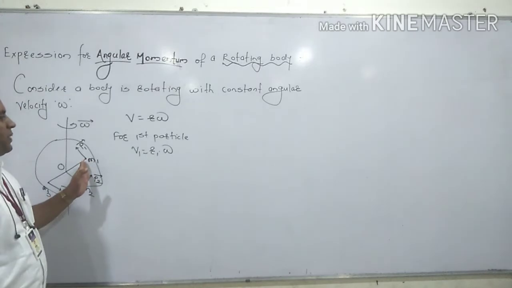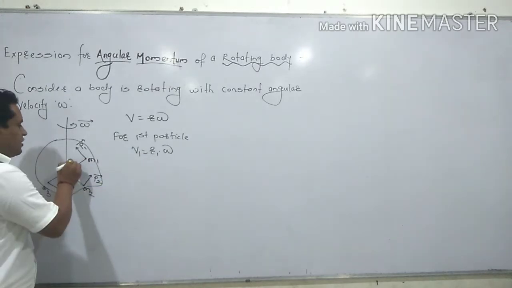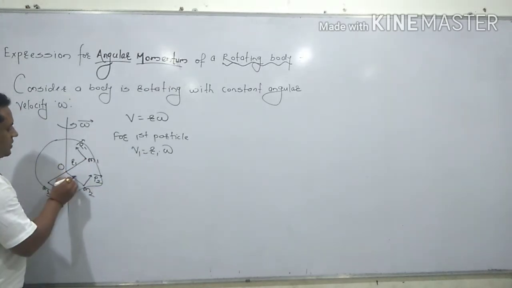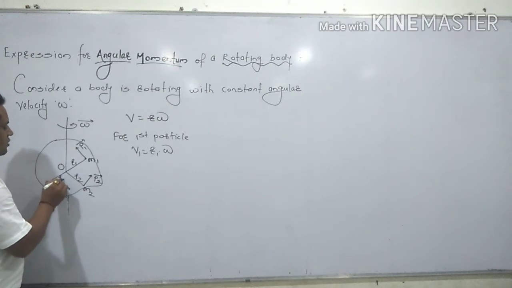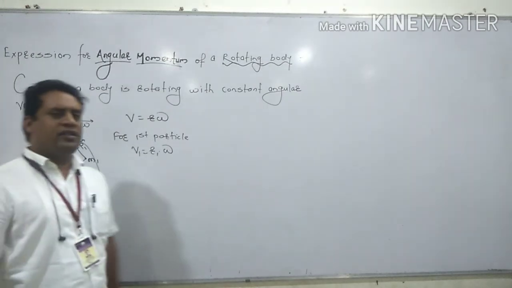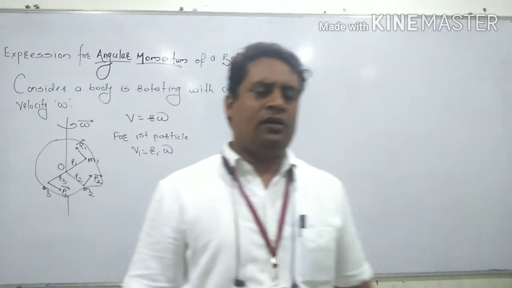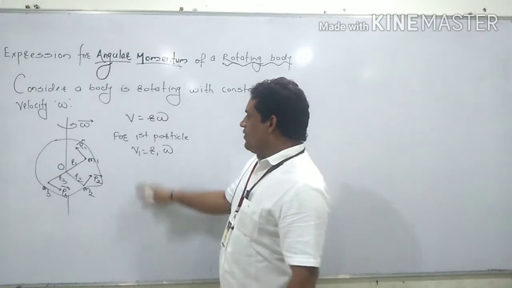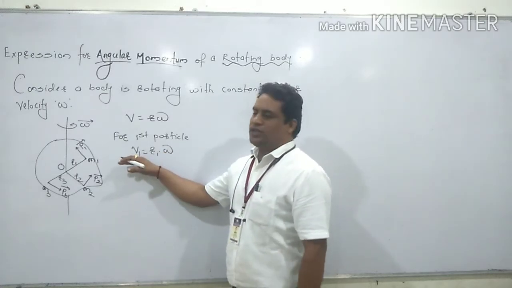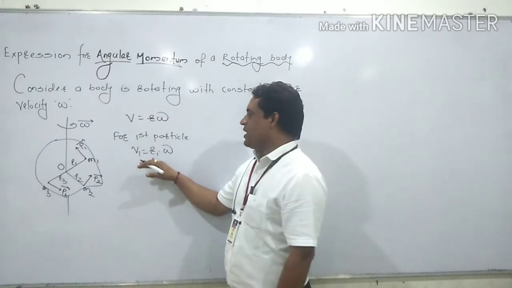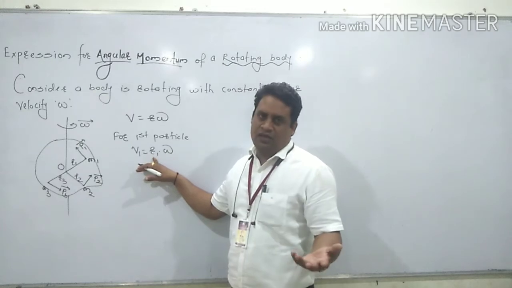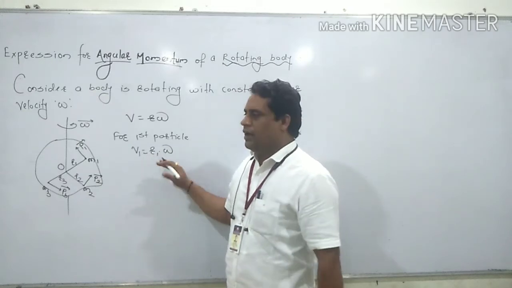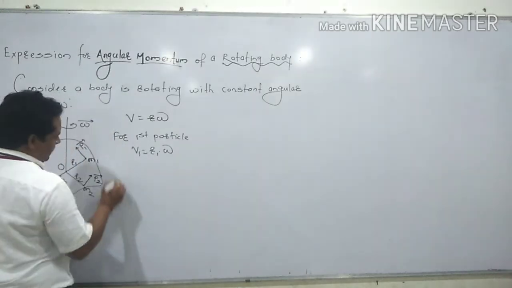V1 is the velocity of the first particle. The distance of the first particle is denoted by R1, the distance of the second particle by R2, and the distance of the third particle by R3. All the distances are measured from the axis of rotation. So V1 is equal to R1 omega, where R1 is the distance of the first particle from the axis of rotation, and omega is the constant angular velocity.